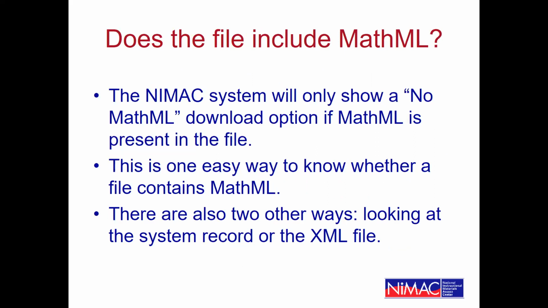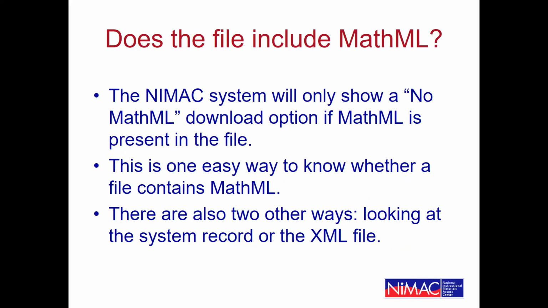Sometimes we get a question about whether files can contain MathML or not, or how do I know? Generally, this isn't going to be super confusing because you're not even going to see a no MathML download option if MathML isn't present in the file. It's only going to show up if that file contains MathML.